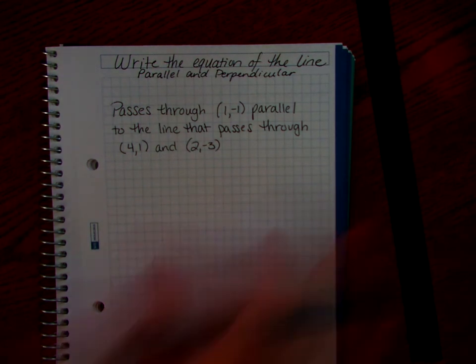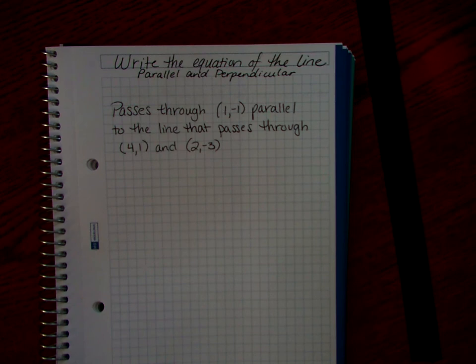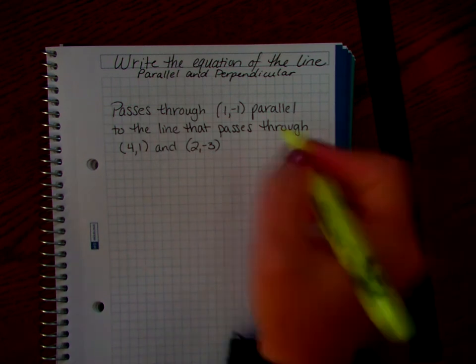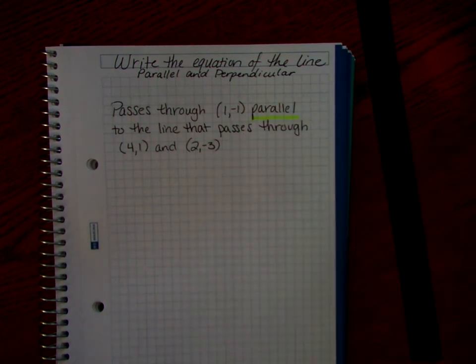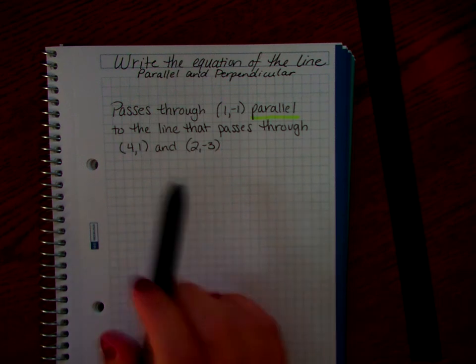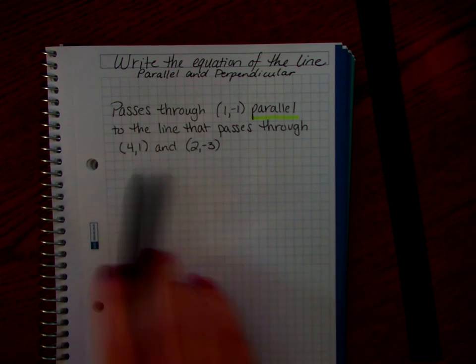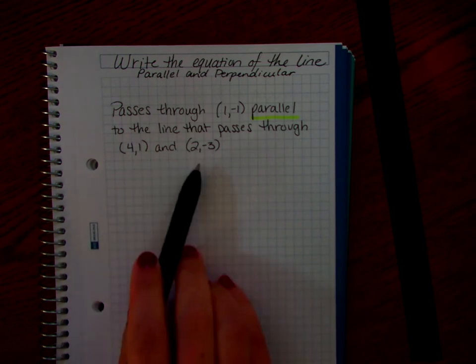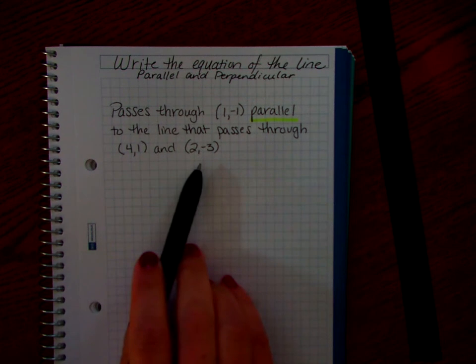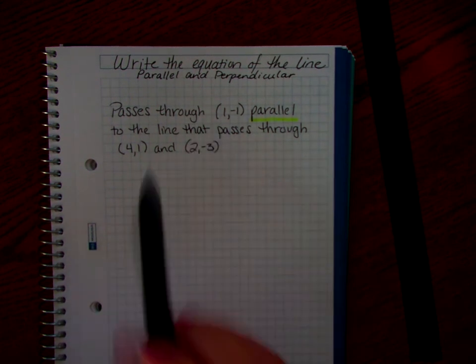So the first thing I want you to know is, all right, well, what's our keyword here? Parallel. Okay, so what do we know about parallel lines? The slopes are the same. But I don't know the slope because they only gave me a line that passes through these 2 points. So I have to figure out the slope of this line before I can even discuss my line.